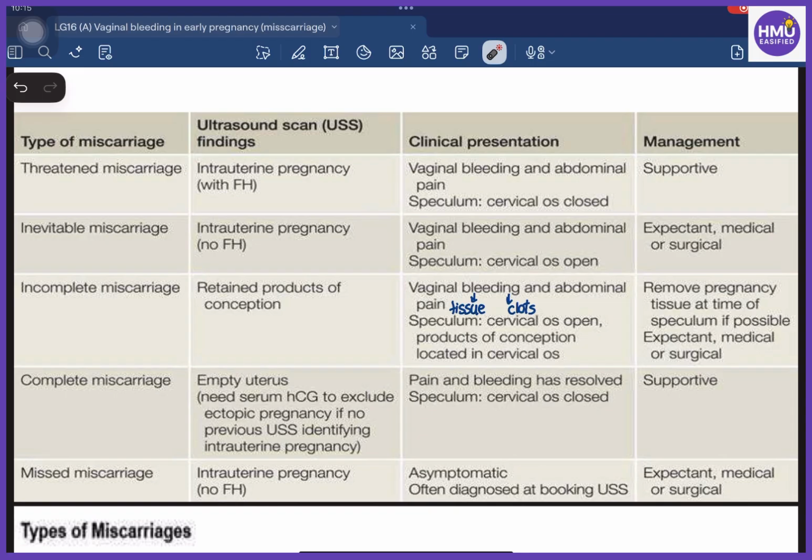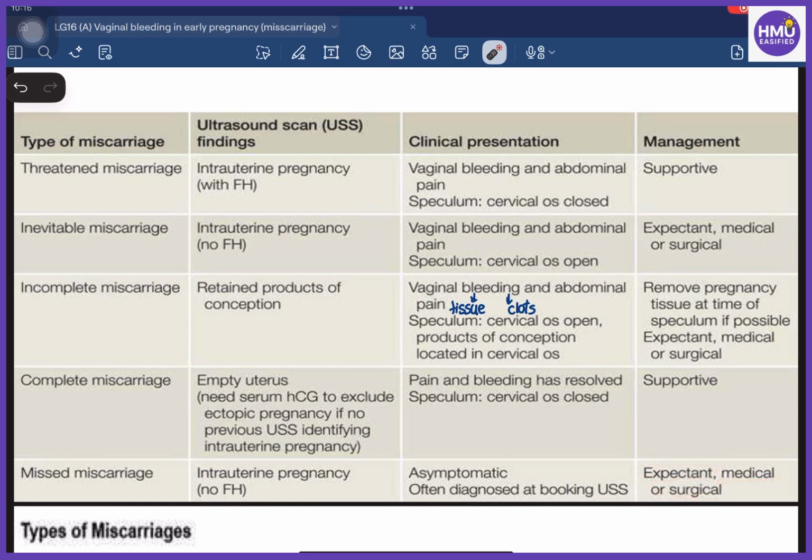These ladies are asymptomatic again, they have no symptoms, they've undergone a miscarriage, fetal heart rate is negative and intrauterine pregnancy is seen. And this one again is expectant, maybe expulsion, or medical or surgical.